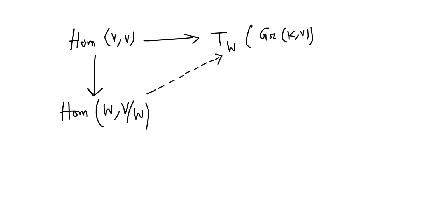So suppose this map was d phi, and suppose this map, let's call it alpha. Then there exists a unique mu such that your d phi is equal to mu followed by alpha.